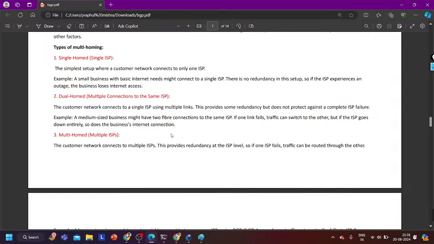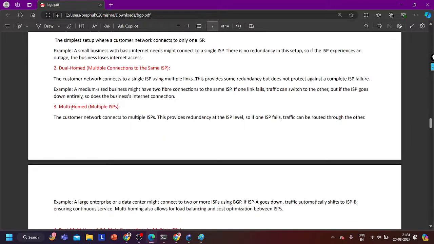Internet will go down. So that's why we have come with the third type of homing, that is multi-homed. In multi-homed, you will have connectivity from different ISPs. And guys, this type of network is for enterprise companies where you are going to work.